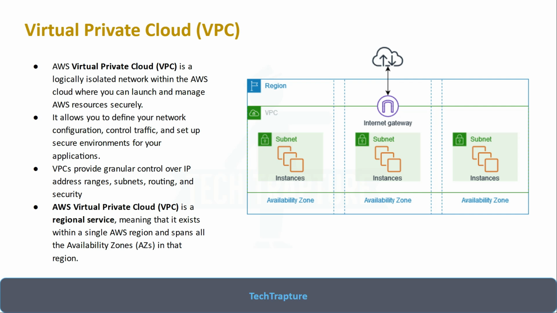So the VPC is your virtual private cloud, and you segregate your network across the 3 availability zones with different CIDR ranges, and those are your subnets. Again you will have an internet gateway and a route table, and we are going to cover each and everything in this video. Now let's go to the AWS console, and we'll first see what a VPC is on the AWS console.